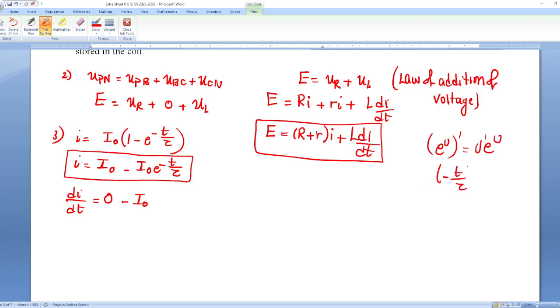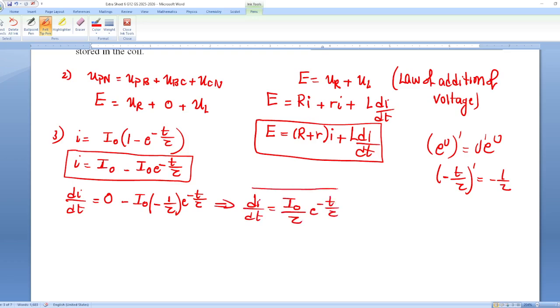The derivative of minus t over tau is minus 1 over tau, because 1 over tau is constant. So dI by dt is I0 over tau e power minus t over tau.